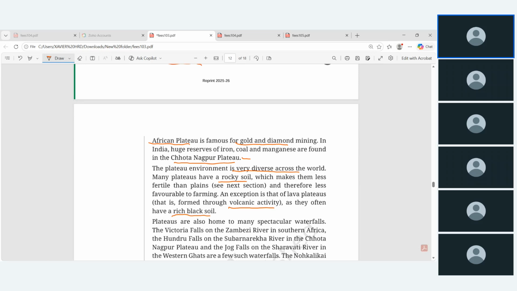So which one in India is a lava plateau? That's the Deccan plateau, because Deccan plateau formed due to volcanic activity. This volcanic activity gave the rich black soil. So the rich black soil is more favorable to farming.